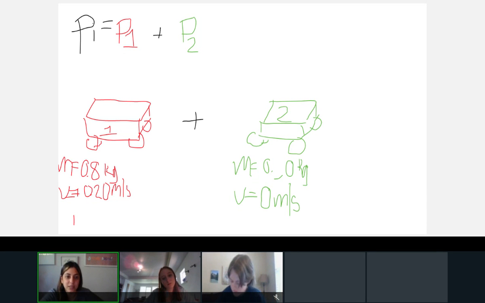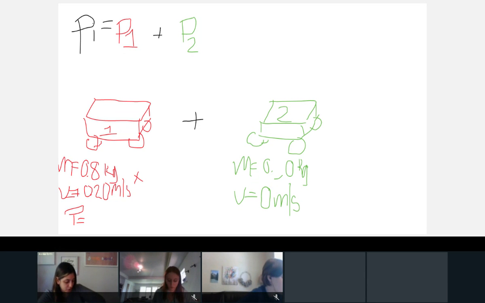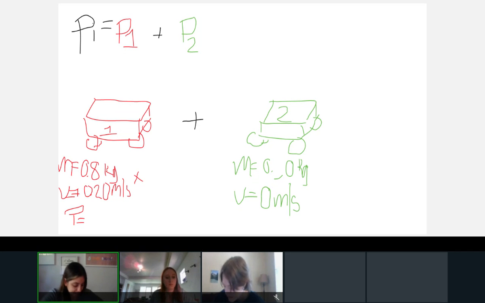So let's go ahead and find out what the momentum is. What is the momentum of wagon 1? Remember that we have to multiply these. So what is the momentum of wagon 1 going to be? 0.16.